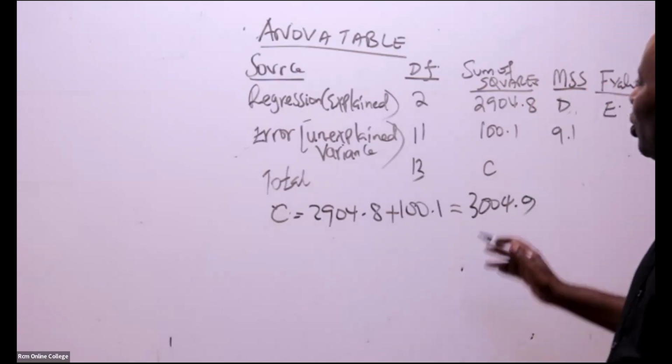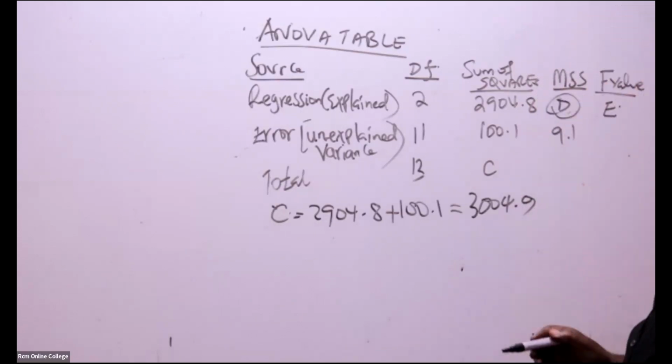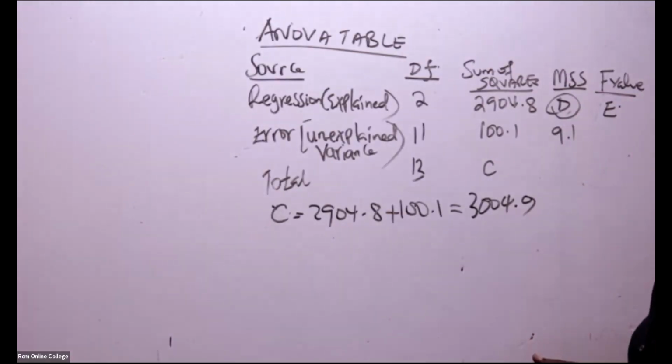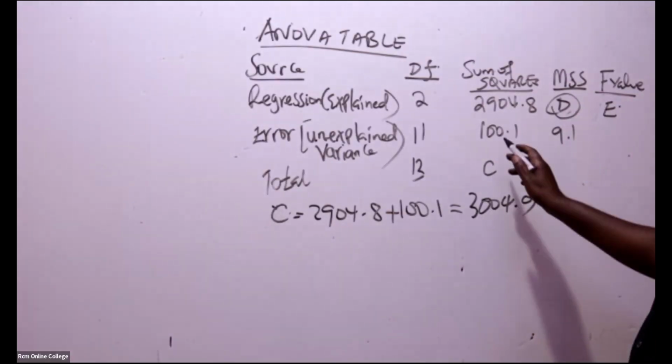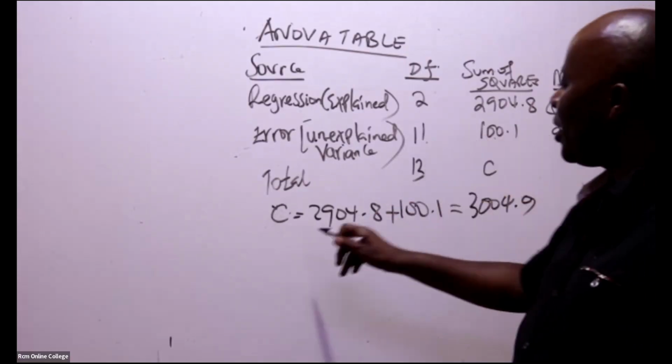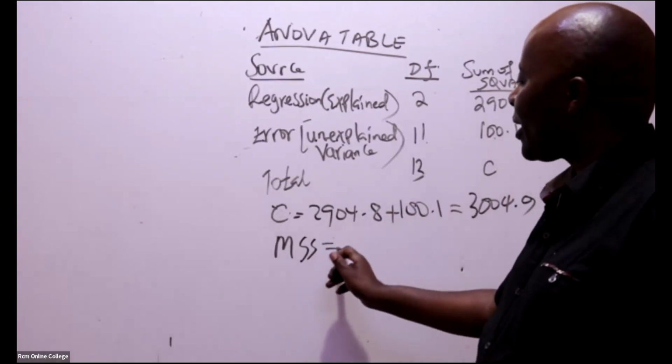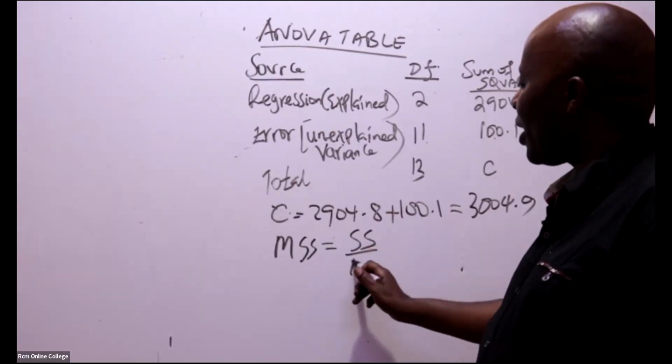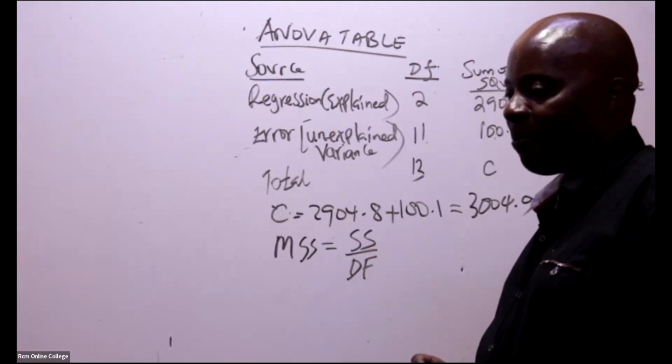What do you think shall we do to get this D? D is the mean sum of squares. Mean means division. To get mean sum of squares, you take the sum of squares given divided by the degrees of freedom.